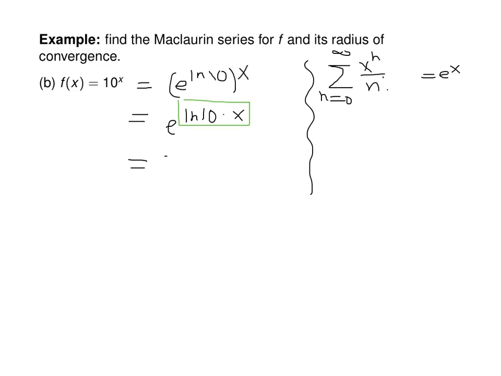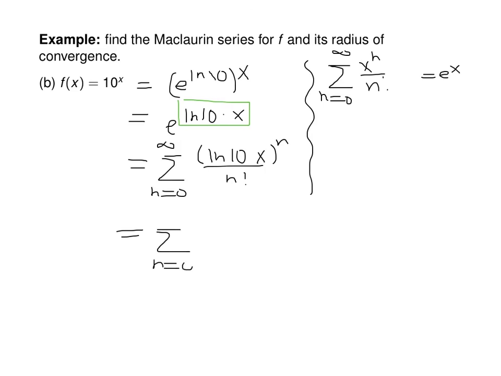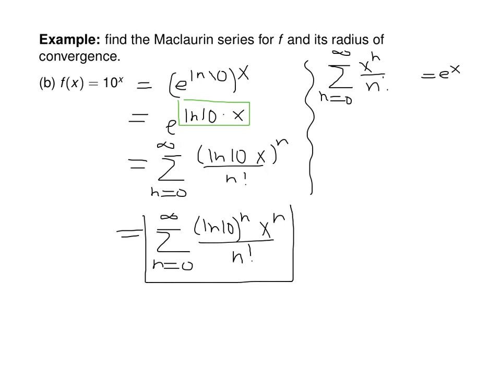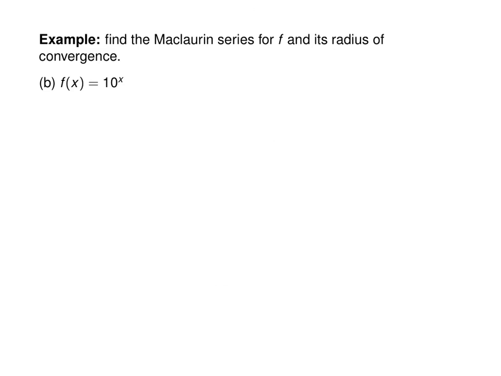That will give me a sum from 0 to infinity of (ln 10 times x) to the n over n factorial, which is the same thing as the sum of ln of 10 to the nth, times x to the n over n factorial. I mean, ln of 10 is just some weird irrational number, so no big deal. That was a little bit tricky. I don't think anything like that will exactly be on your test, but good to know.